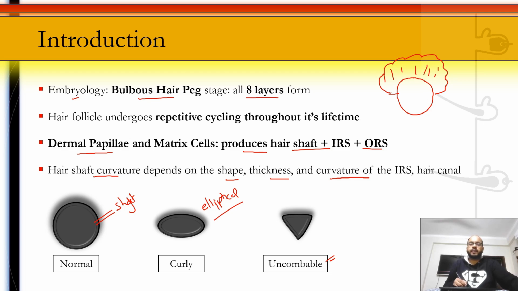Now in the African American race, the elliptical cross section happens from the growth of the hair shaft itself, while in the Caucasian race, in sites like eyelashes, it happens when the hair is just about to exit the skin. Clear? Let's move forward.